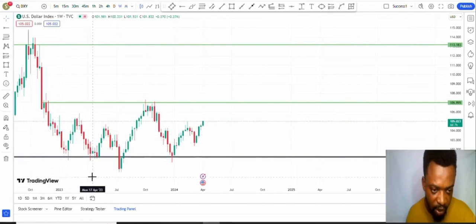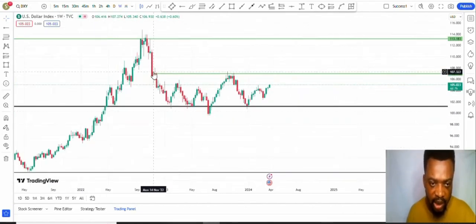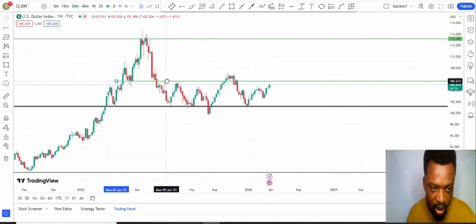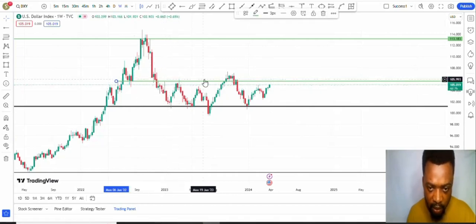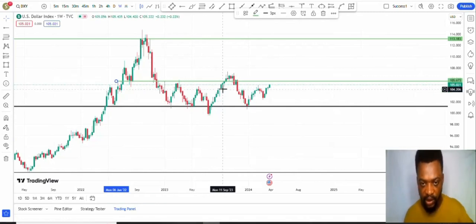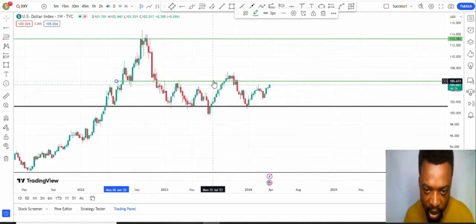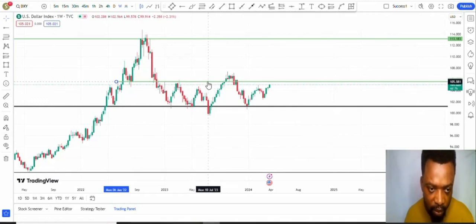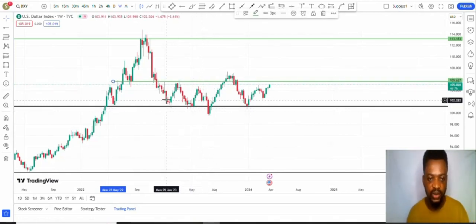Let's take this range. Don't mind me, I'm just trying to be sure. It's safer for me to put it here. Maybe a little high, so let's make it a little lower. Let's put it here.